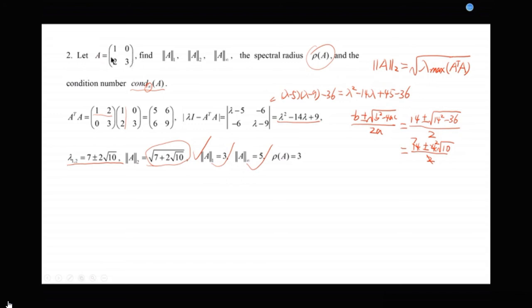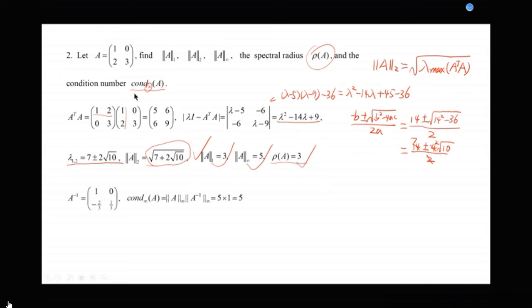So we can obtain the 2 eigenvalues directly, 1 and 3. So the maximum is just 3. It's okay? Because A is just a lower triangular matrix, the diagonal elements are just its eigenvalues. Clear? So the maximum one is 3. Okay, so that is the spectral radius.